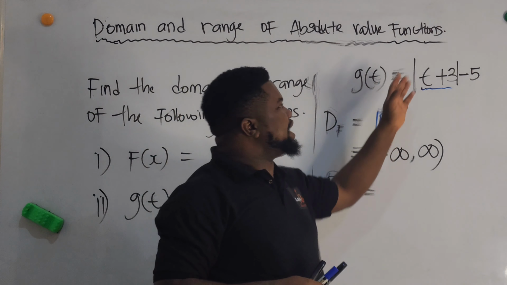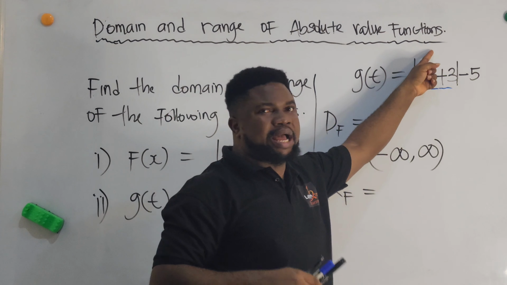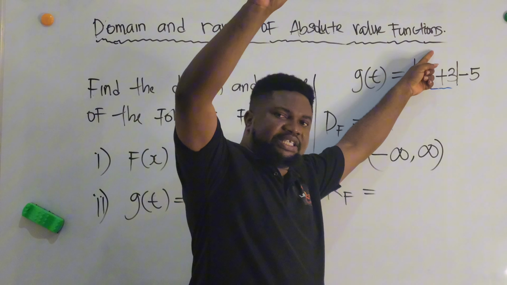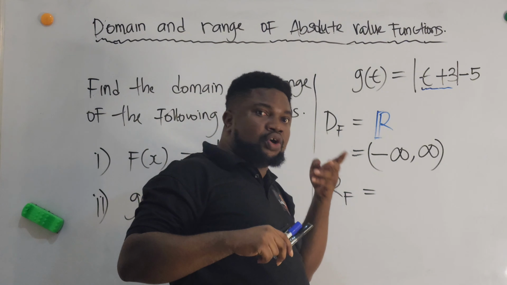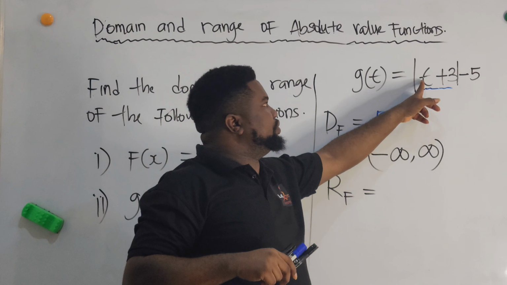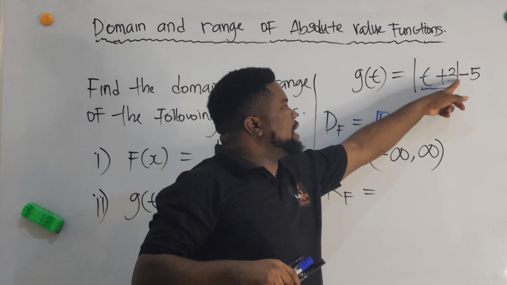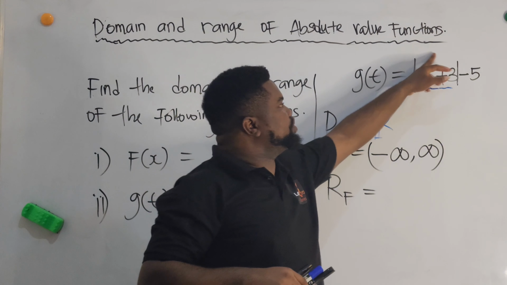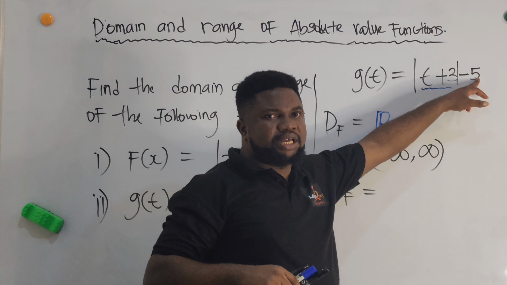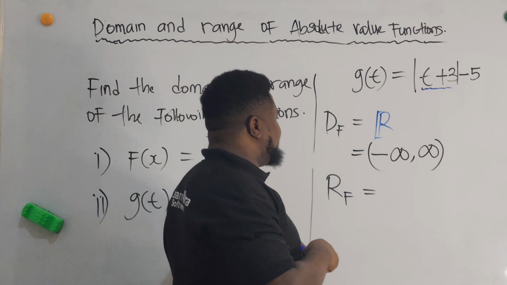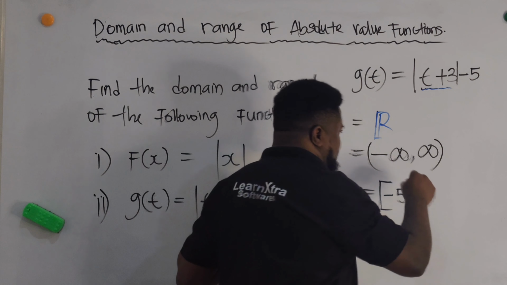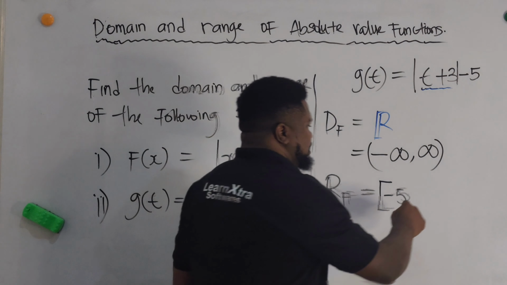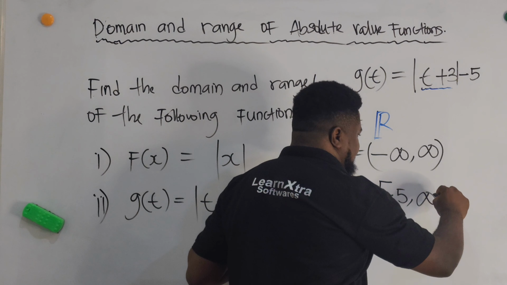Therefore, the highest number here can be infinity, and the lowest number before negative numbers will start is 0. So here we can get 0. So 0 minus 5 is minus 5. Therefore, our range is going to be minus 5, we include minus 5, down to infinity.